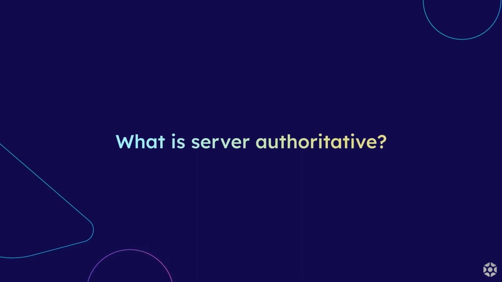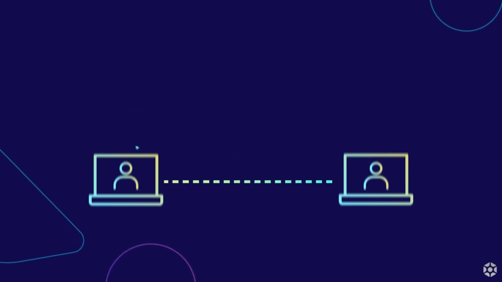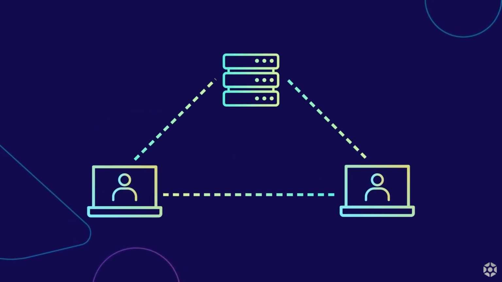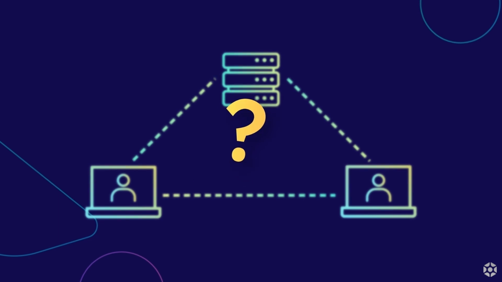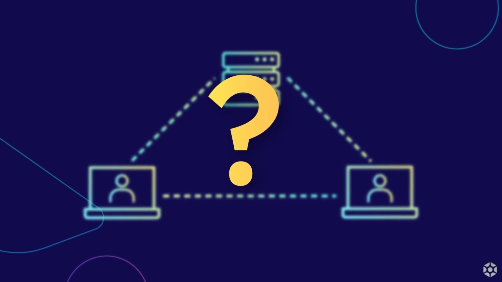The easiest way to explain it is to compare it to its opposite approach to making multiplayer, the client authoritative. When connecting players with each other, as the developer, we have to decide how their games will communicate.